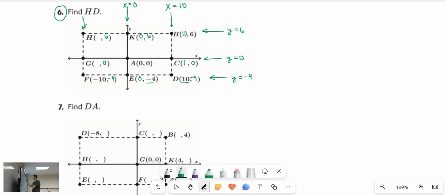So we can fill in 10s here and here, for points B and C. We know that the x values are 10. And then finally, we go over to the left. F is at -10, so we know that this line is x equals -10, so we can fill in -10 for H and -10 for G. All right, so those are all of the values. We have coordinates now for everything.